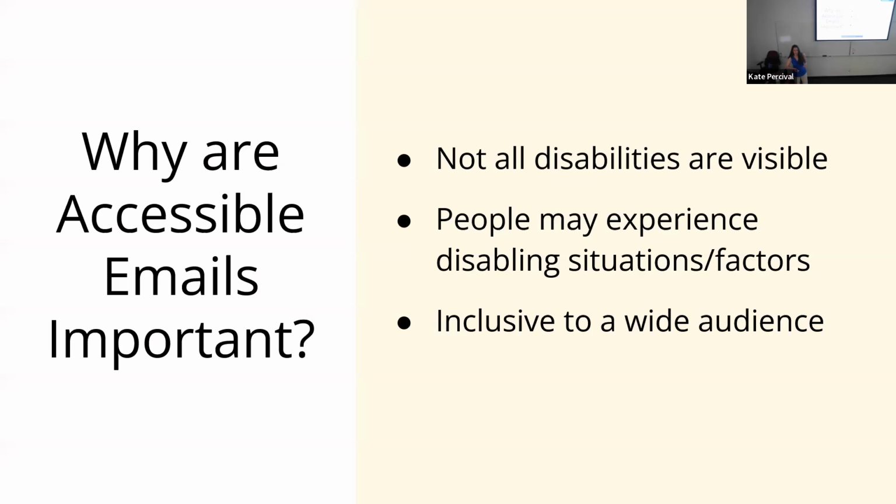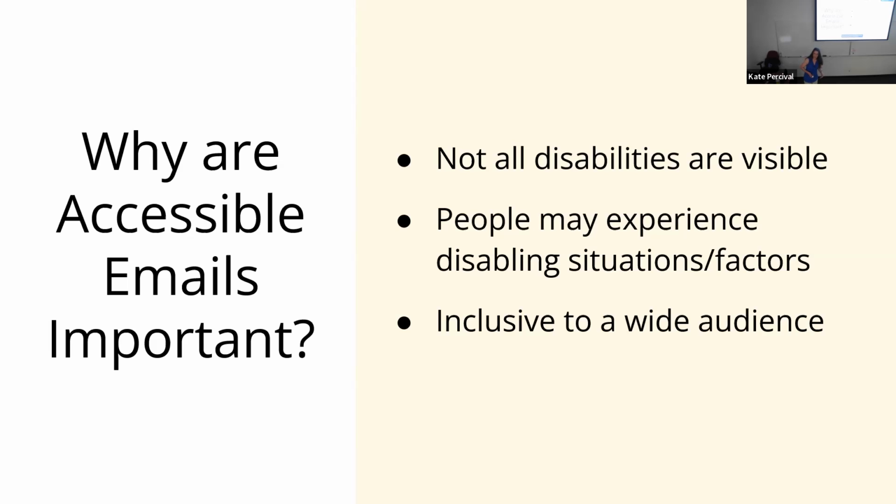The pandemic highlighted this brilliantly to us when everyone was automatically sent home. Suddenly we had students who didn't have their own equipment to get on the internet, who were in less than ideal learning environments. So there are lots of situations and lots of factors that can affect how someone consumes digital content.